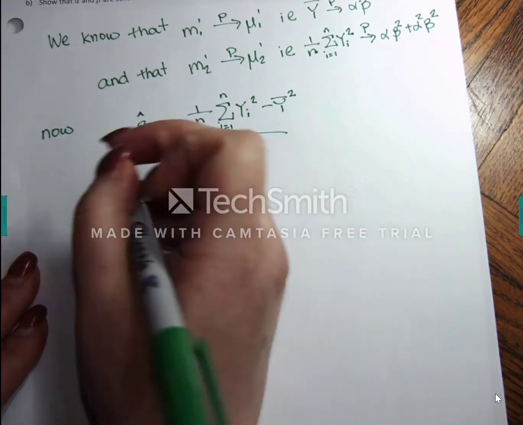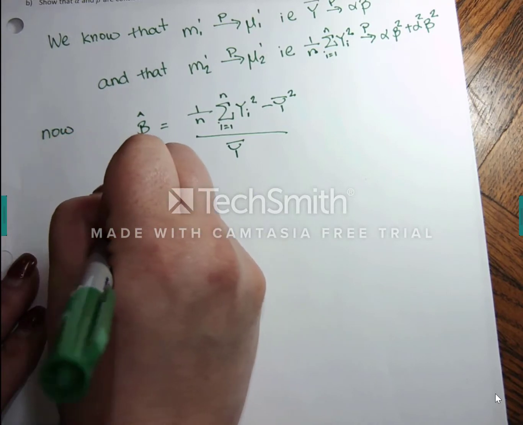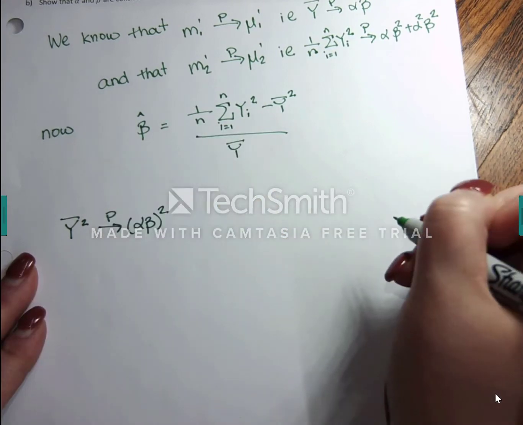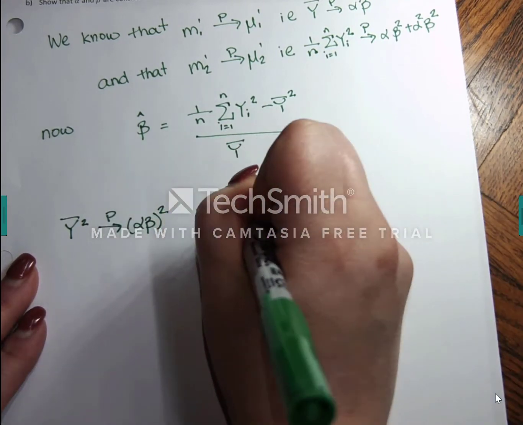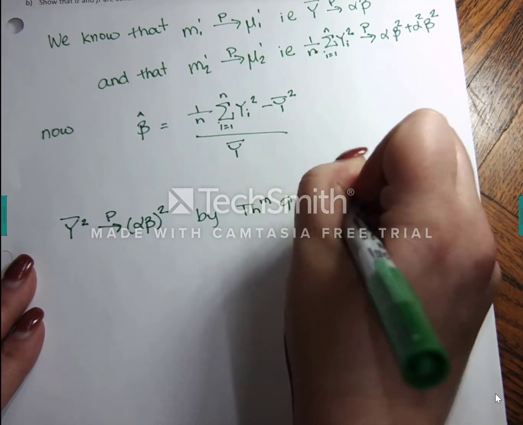Well, first, we know that y bar squared converges in probability to alpha squared beta squared. And so this is going to be by theorem 9.2b.